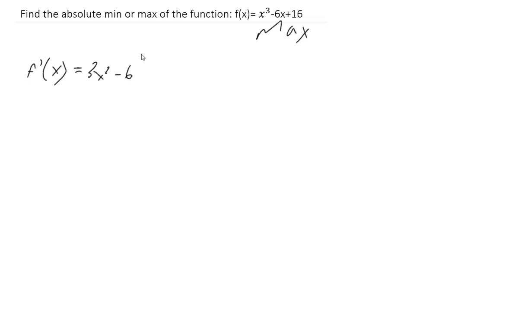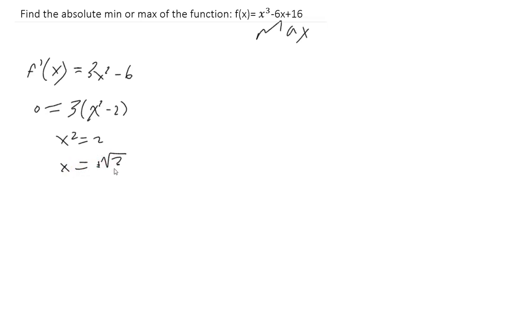After we set it to 0, of course, we can pull out a 3. x squared minus 2, and then x equals plus or minus the square root of 2.